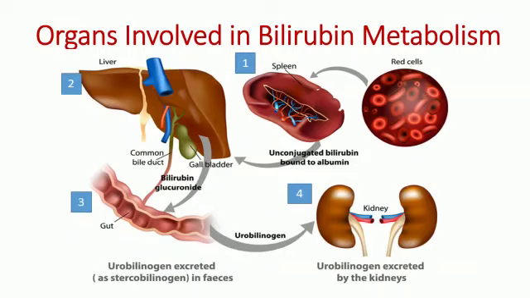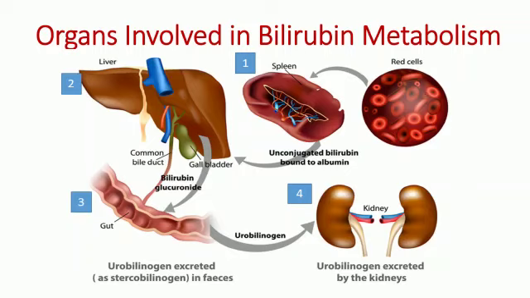Before we start the actual procedure, let us discuss certain points related to bilirubin metabolism. These are the organs that are involved in bilirubin metabolism. It starts from the spleen, where the RBCs, after completion of 120 days or before its completion for some reason, die and are processed.